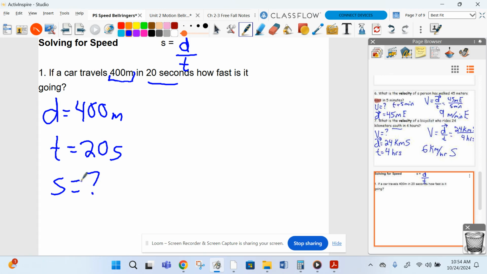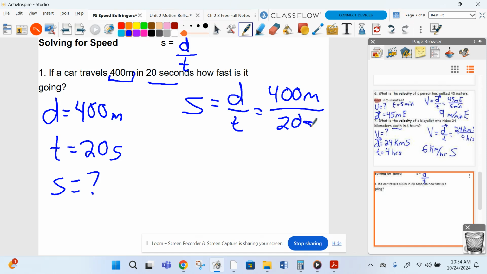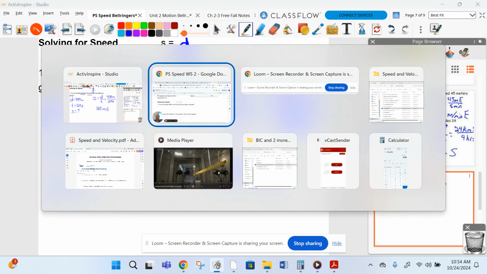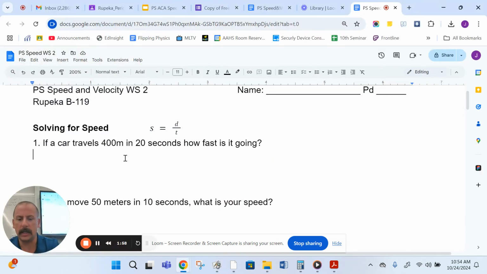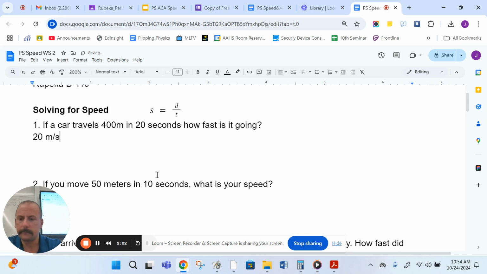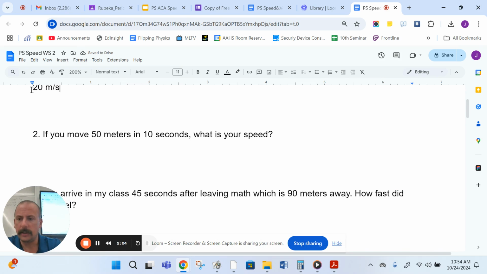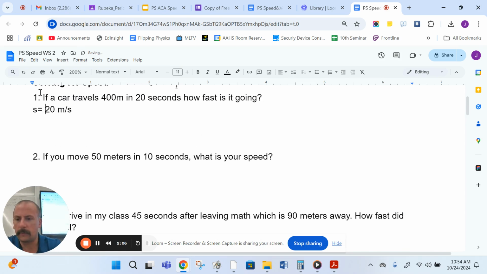If I'm solving for speed, I want to use the one that has S by itself, which is S equals D divided by T, which is equal to 400 meters divided by 20 seconds, and then that's going to give me 20 meters per second. And that's what I'd like you guys to write in on the form, the answer of 20 meters per second. And that is what S equals.